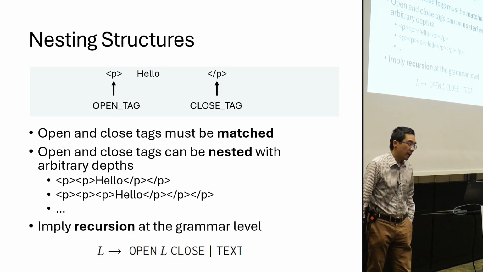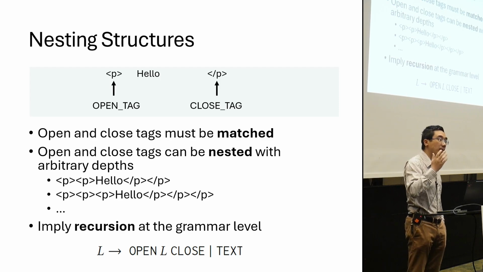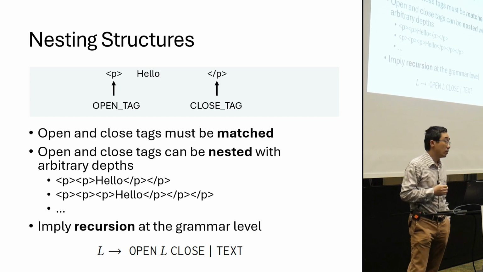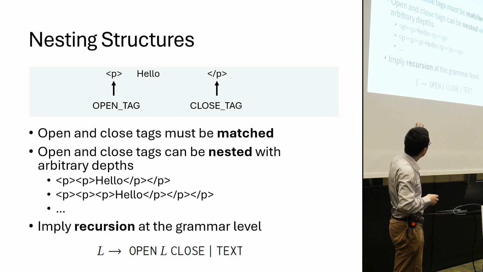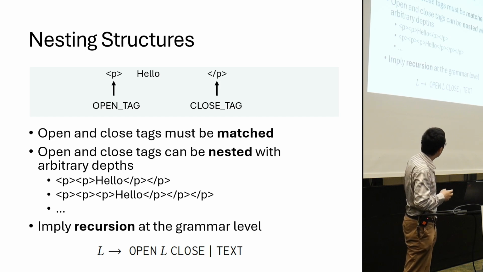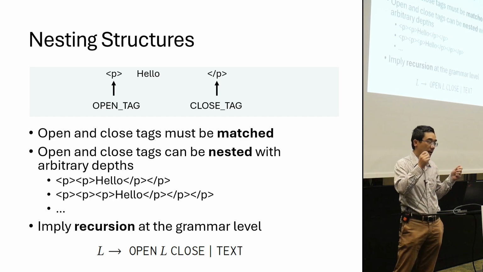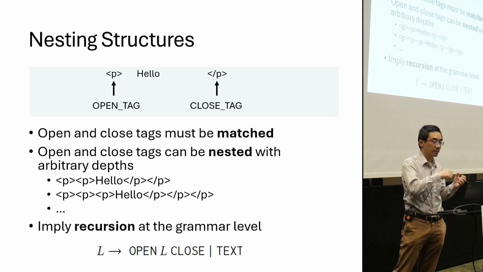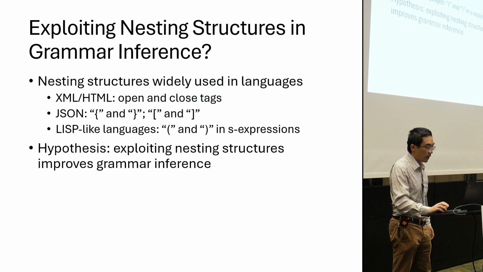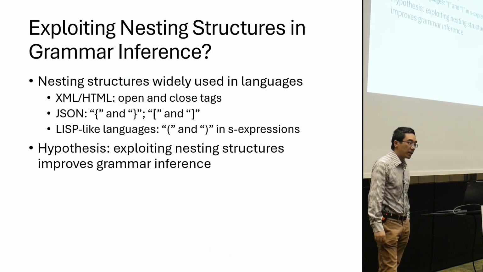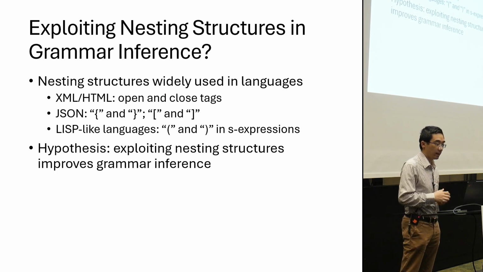At the grammar level, this nesting structure implies some kind of recursion. For example, to model this kind of XML string, we can imagine a grammar rule like this. We have a non-terminal L, which starts with some open tag, followed by L, which recurses to itself, then followed by a close tag. Nesting structures are widely used in languages and formats.